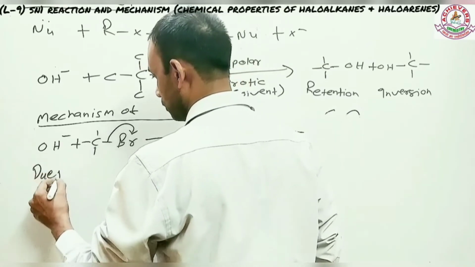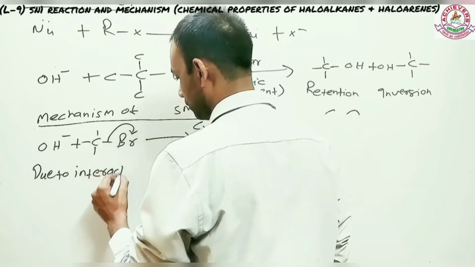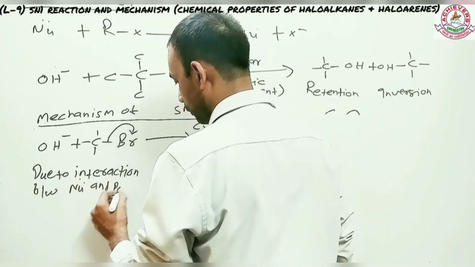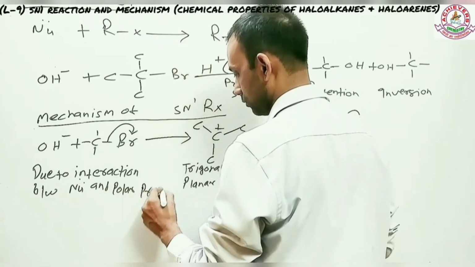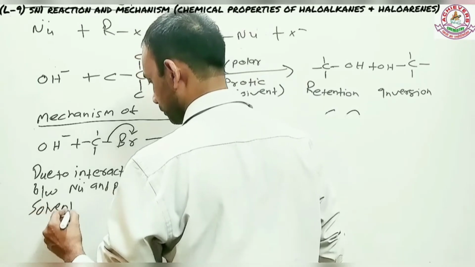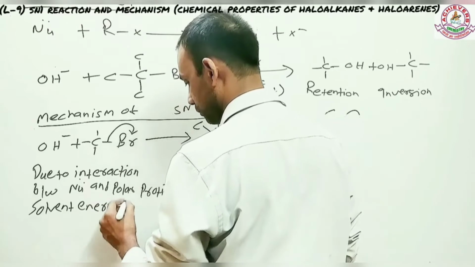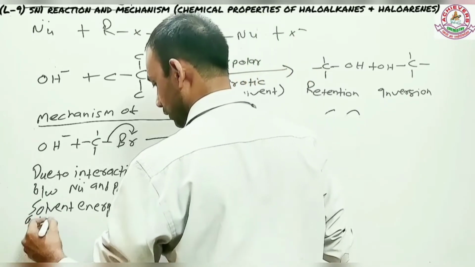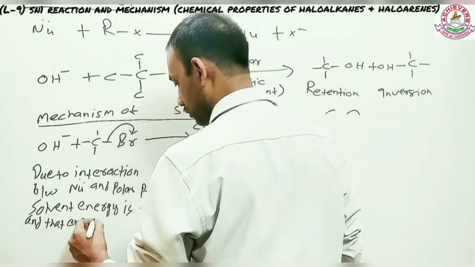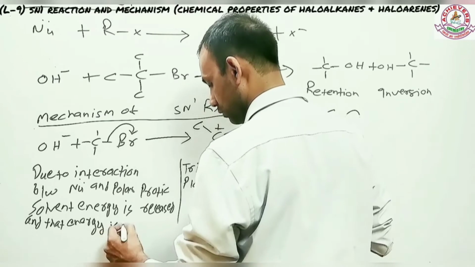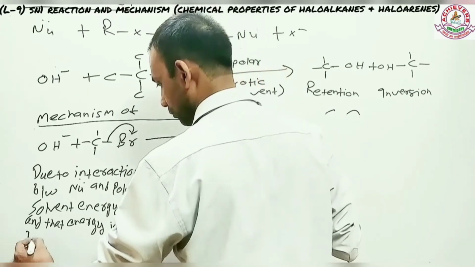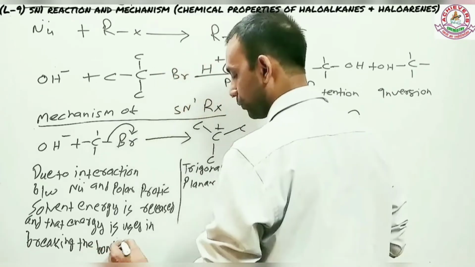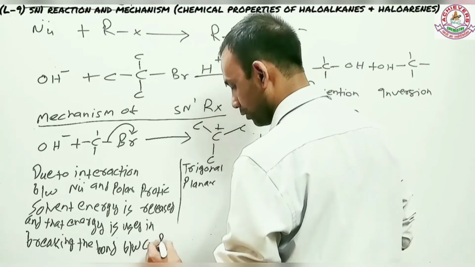So due to interaction between nucleophile and polar protic solvent, energy is released, and that energy is used in breaking the bond between carbon and bromine.